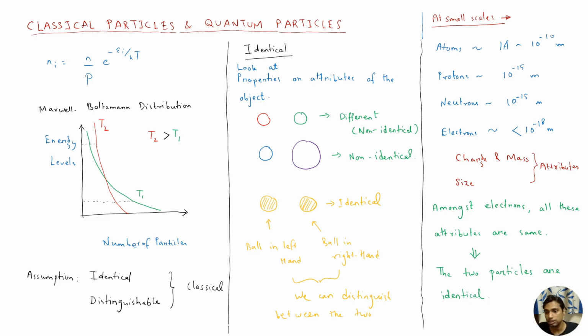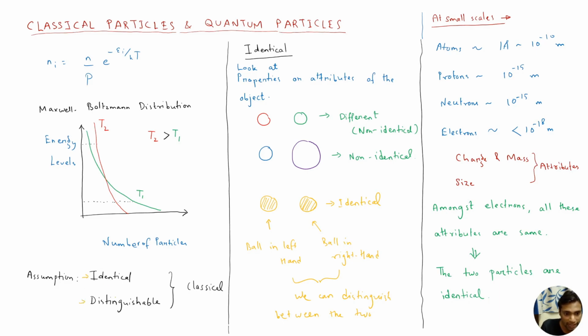Now the question comes, are they distinguishable or not? At the outset we don't know. What we do is try to count, assuming that they are distinguishable or indistinguishable. If we assume identical and distinguishable, we get a certain distribution called the Maxwell-Boltzmann distribution.